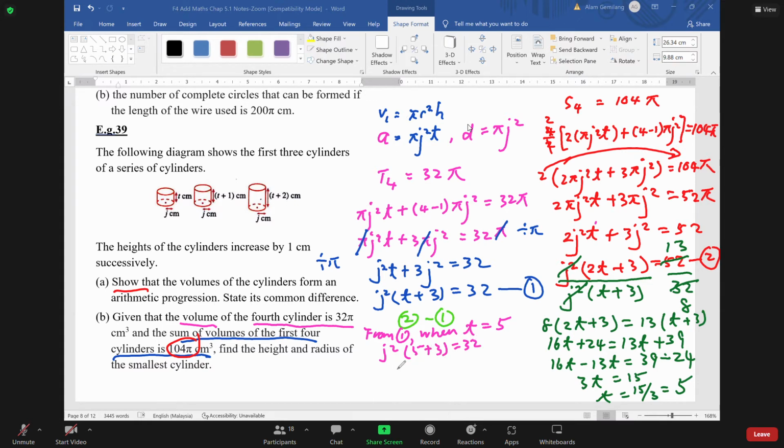So this is 8. So j squared is 32 divided by 8. So you get 4. So what is j? So bring over the square root of 4, right? So the square root of 4 is 2. Okay, so j is 2. t is 5.